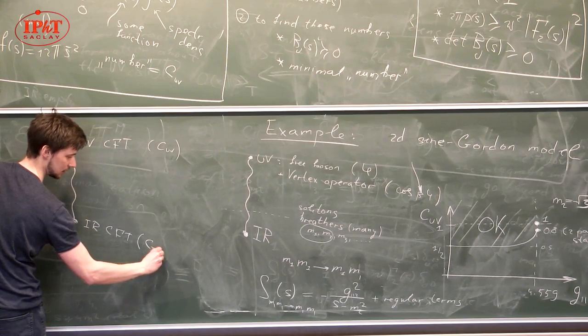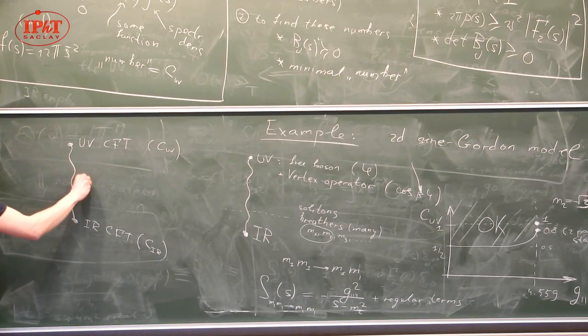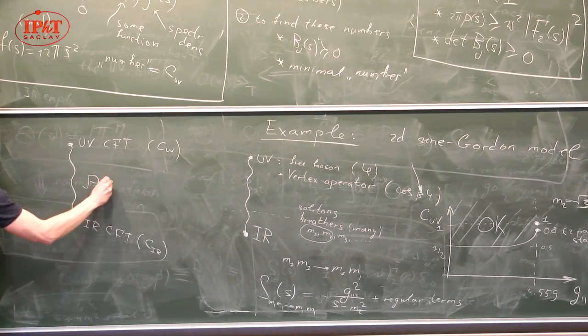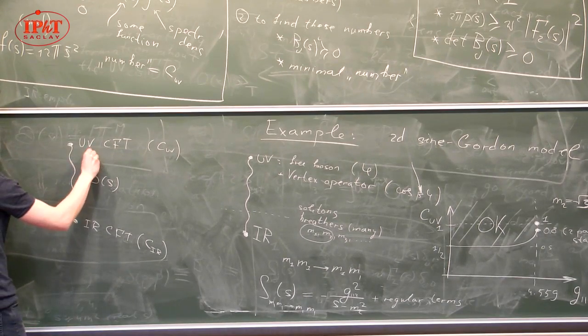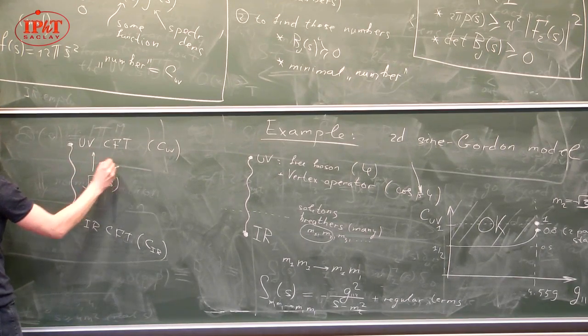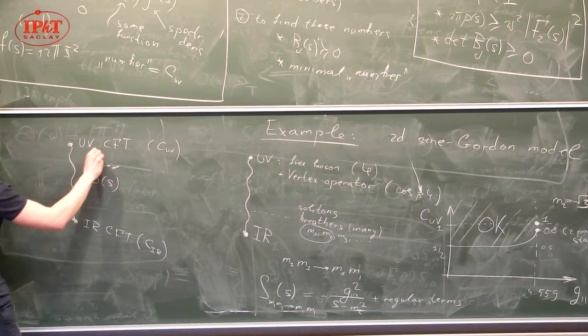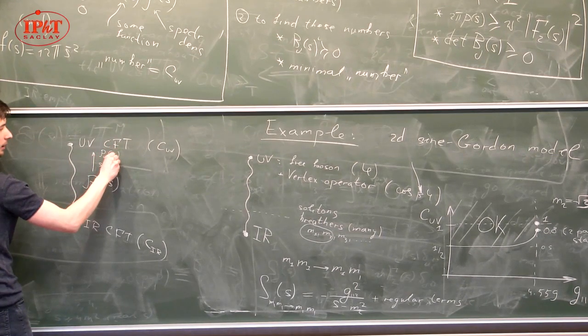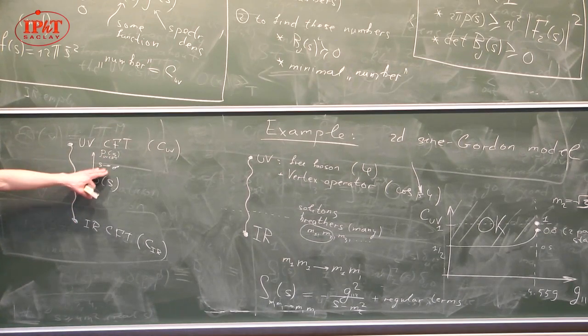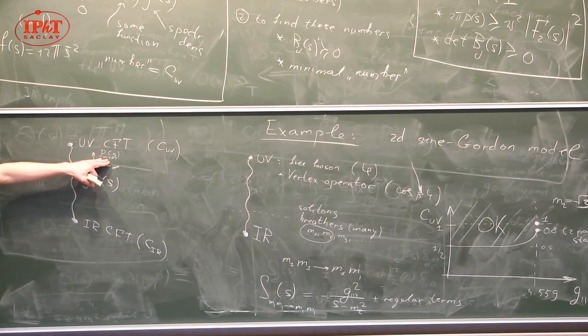The central charge here is CIR. And there is the spectral density S, which is defined at all the energies. So if S goes to infinity, we should recover the UV fixed point, so we get rho of S in the UV CFT. Okay, so at very large S, this object should behave like a spectral density in the CFT.